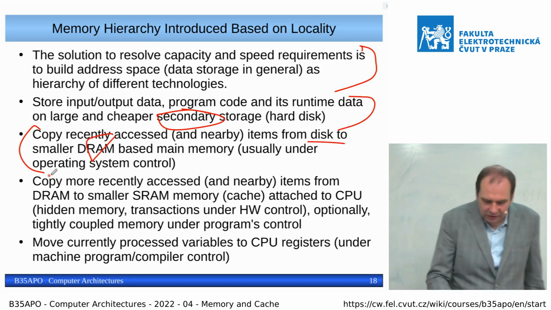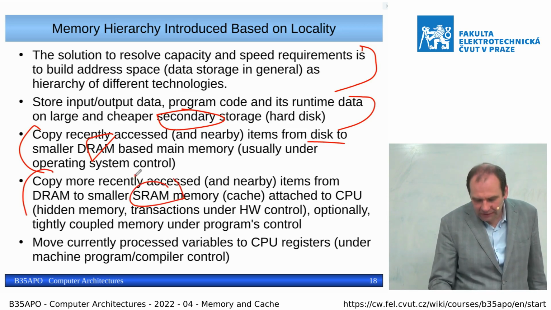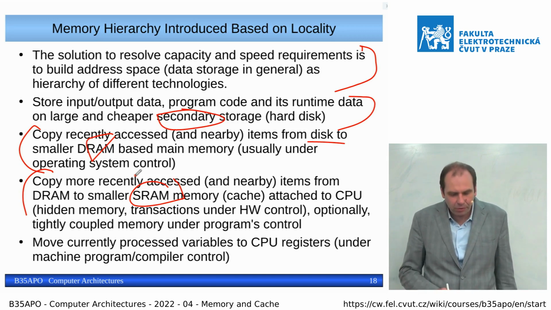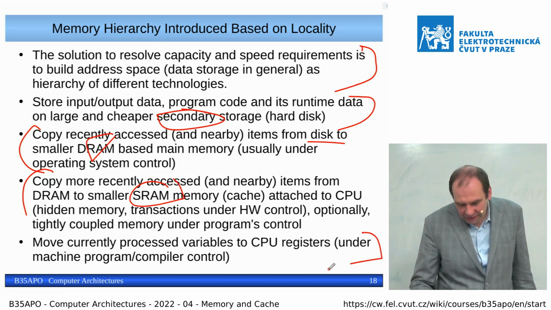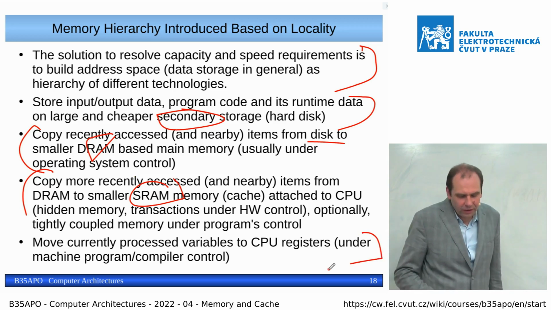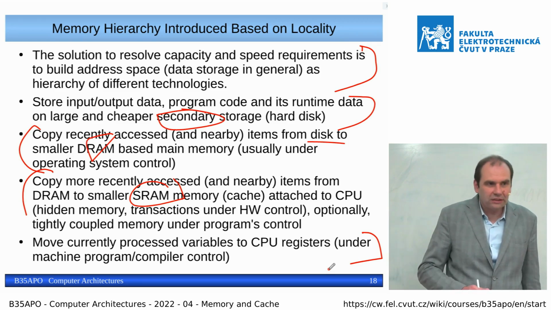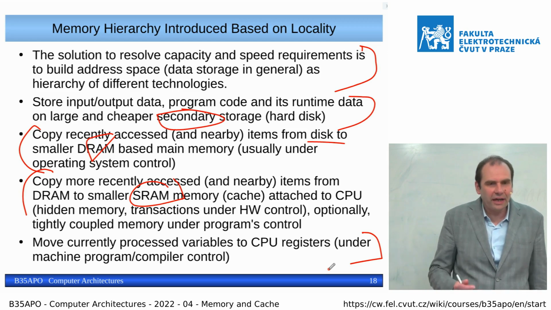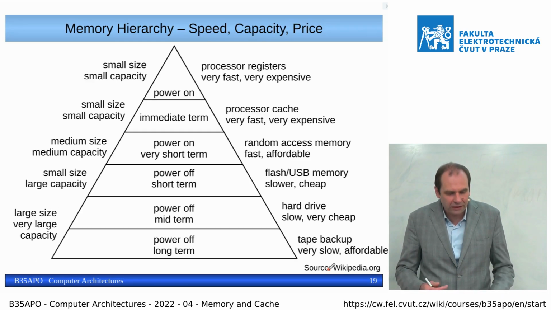In the case of DRAM, because it is again too slow, we have some SRAM memory which is near the CPU and which is much faster. And we can sometimes even move those variables which are actually processed to the registers of the processor, because as we have seen, registers are directly accessible by the processor, and it is the fastest memory which we have.